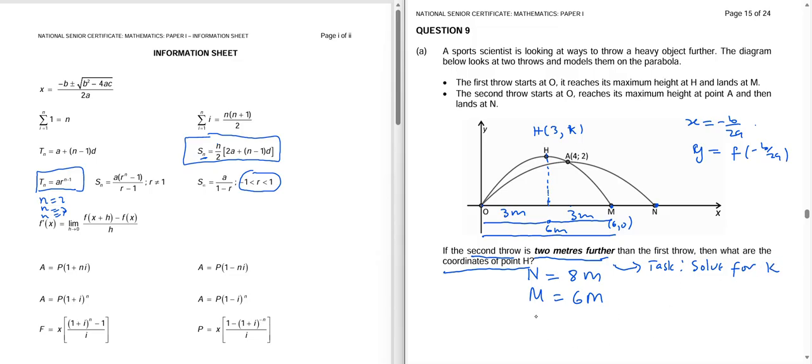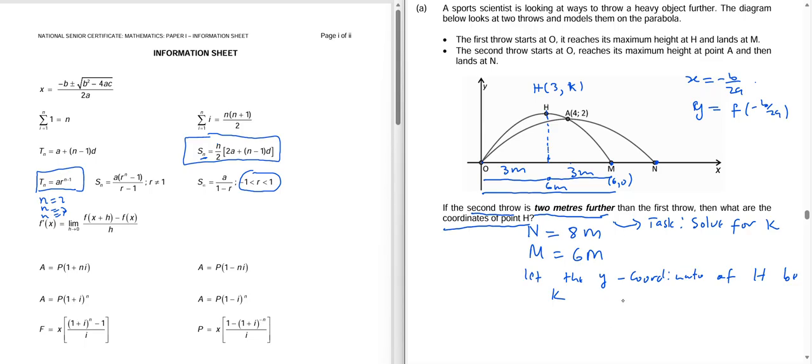Maybe if you wanted to do that, you can just say, let the y coordinate of H be k, and the x coordinate of H is 3.